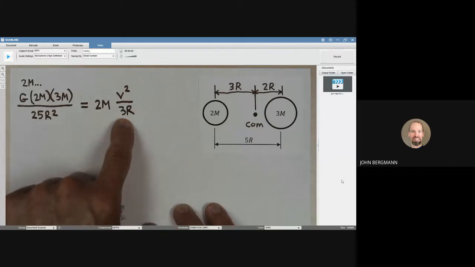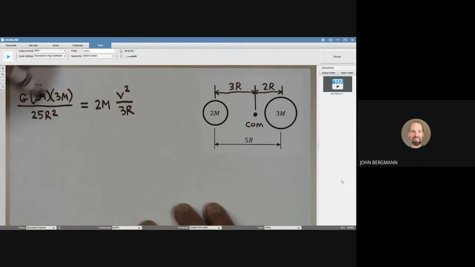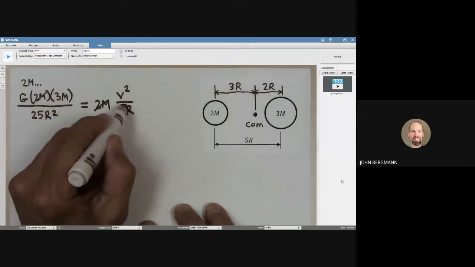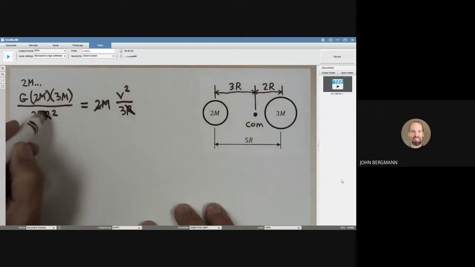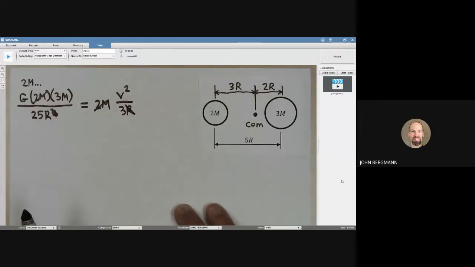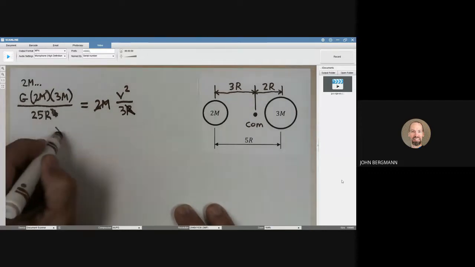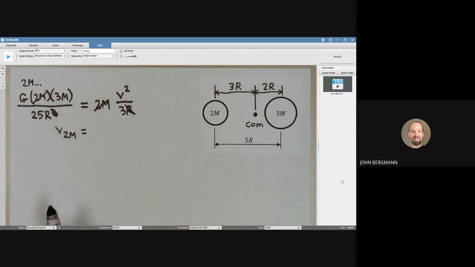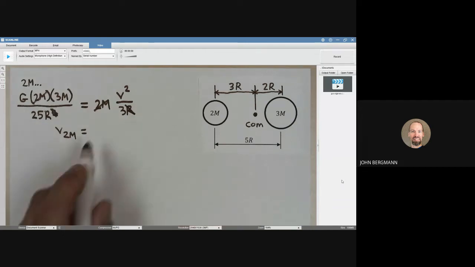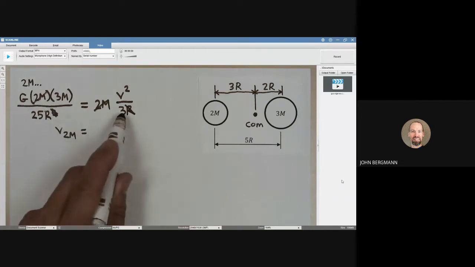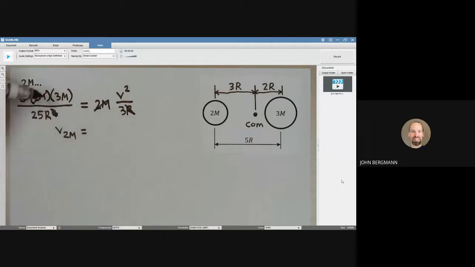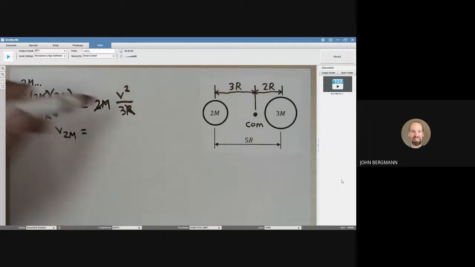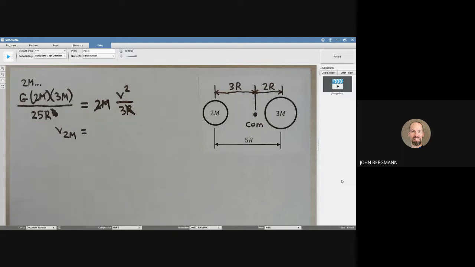F net, gravity, there's the mass, there's the acceleration. If we simplify this, the two m's will cancel. That r cancels one of those, and we end up with the velocity of 2m. I'll label it. The velocity of 2m is going to be, we bring this 3 up here, so that's 9/25, but then we take the square root, which is 3/5.